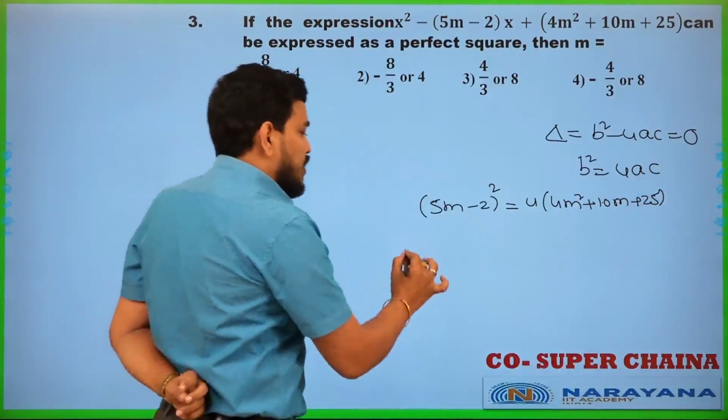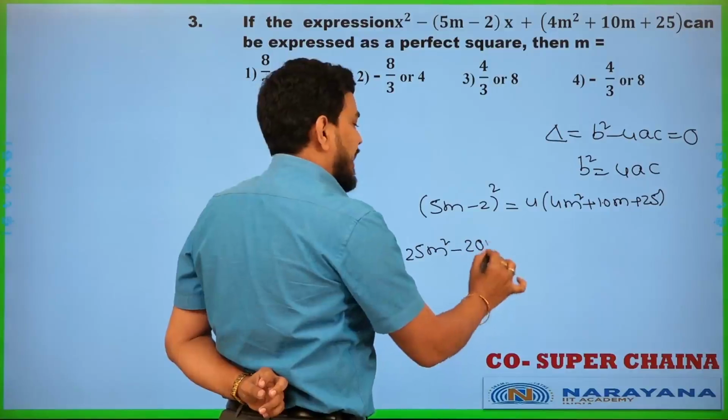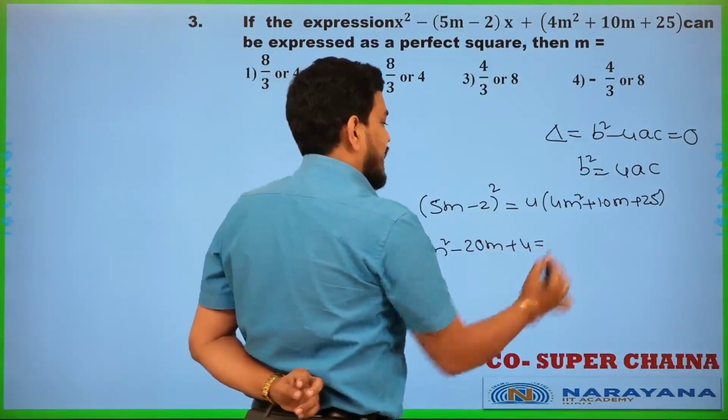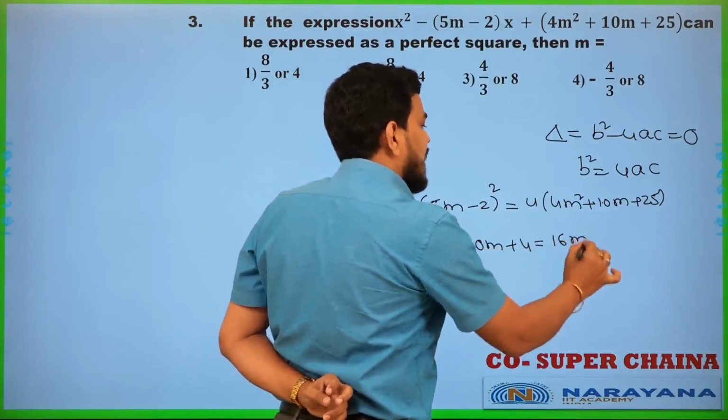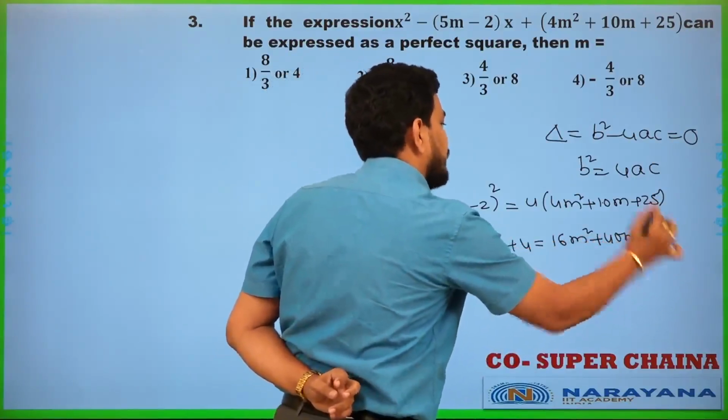So this is 25m square minus 20m plus 4 equals 16m square plus 40m plus 100.